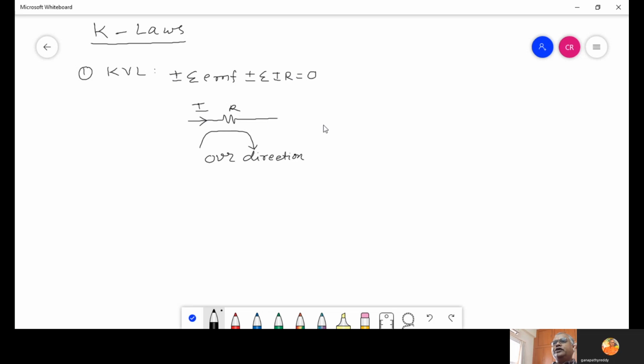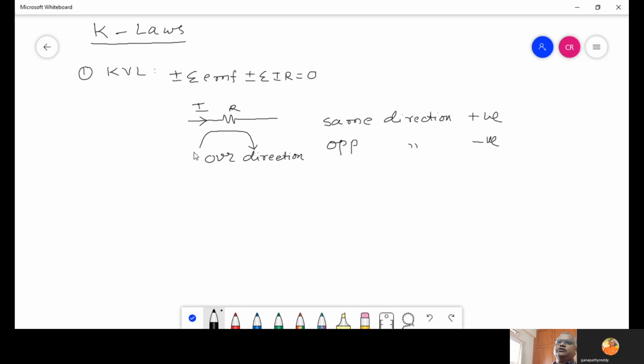When both are in the same direction, take positive. If we are going in the opposite direction, opposite to the current, take minus, negative.